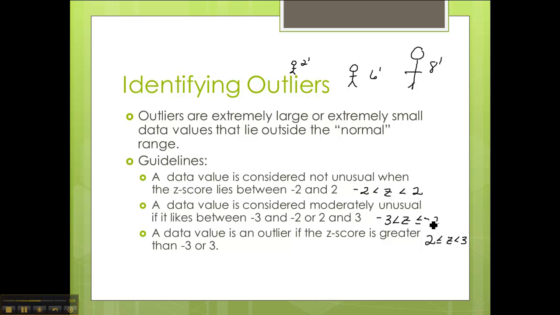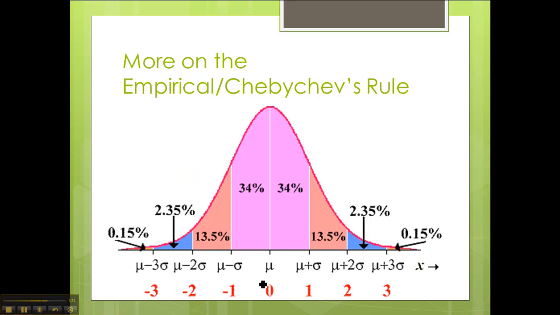Okay, if it's equal to 2, it lies within this section. A data value is an outlier if z is less than or equal to -3, or z is greater than or equal to +3. Okay?